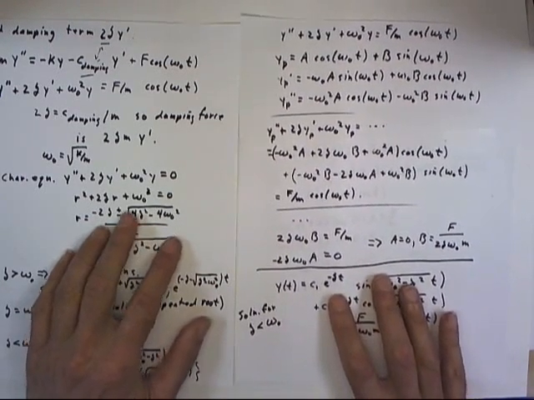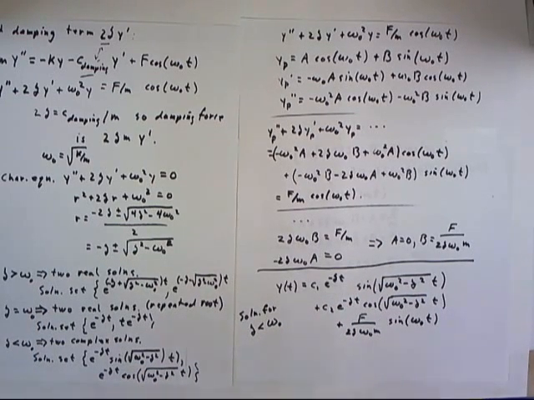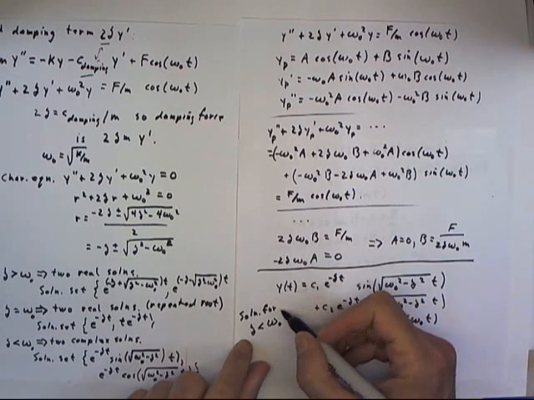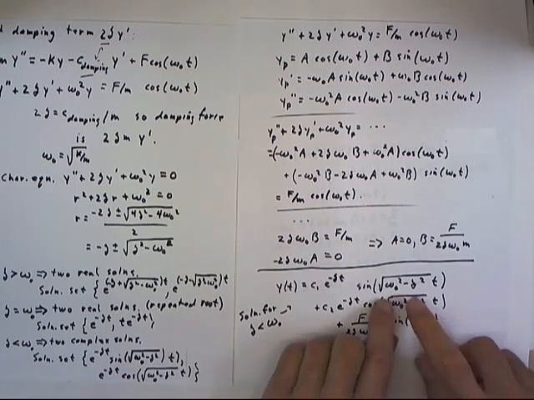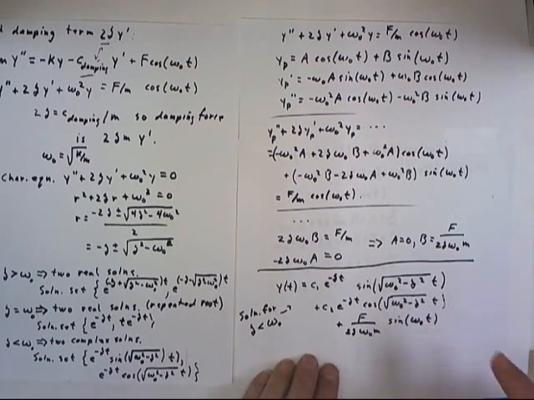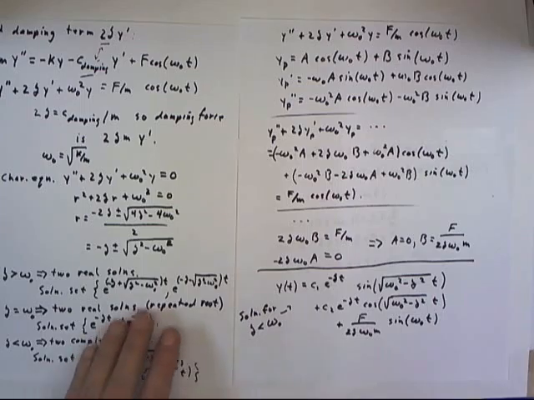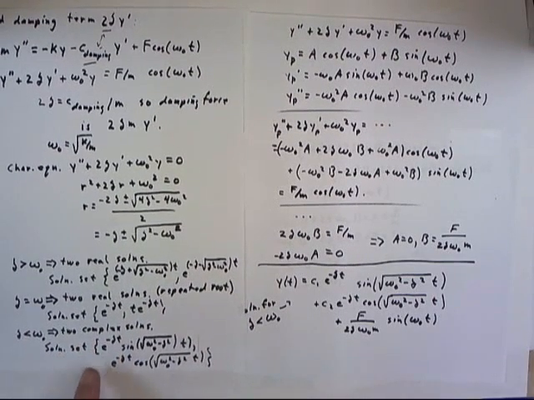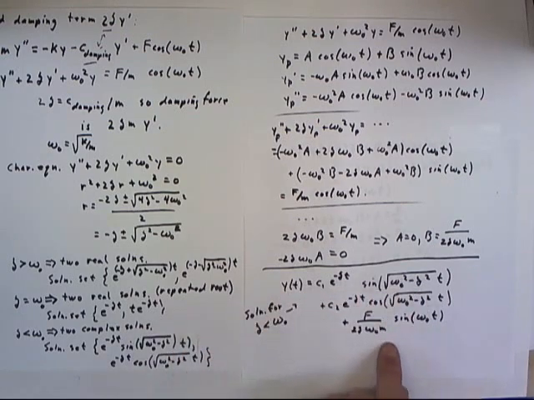Now the solution for delta less than omega naught, and let's make sure we understand that that's what we're talking about here, is the one for which we end up with the angular frequency square root of omega naught squared minus delta squared, and the exponential attenuation e to the negative delta t that results from this solution that we saw previously, so that our function becomes this.